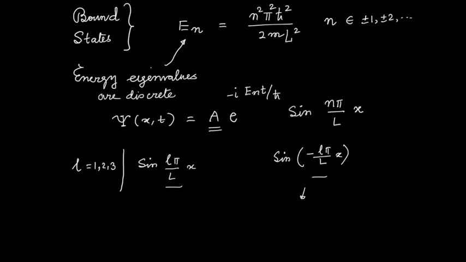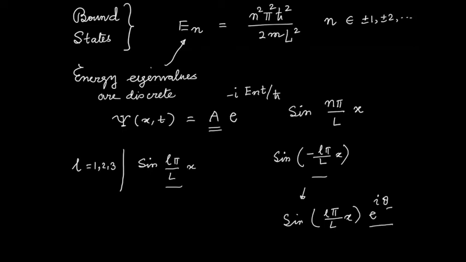Now these I can always write as sine of l pi by L x times some phase factor e to the i theta. This theta is a constant number. It essentially depends on the value of l. For a given l, it's a constant number. It's just that sign which is carried over in this constant number. Depending on the value of l, e to the i theta will give you either a positive sign or a negative sign.